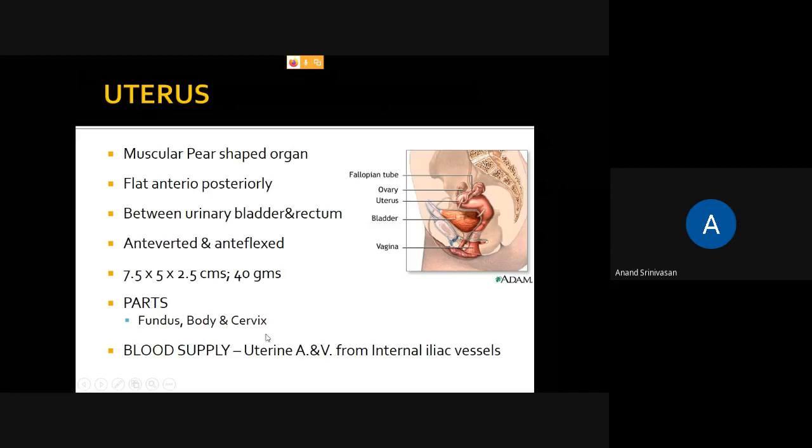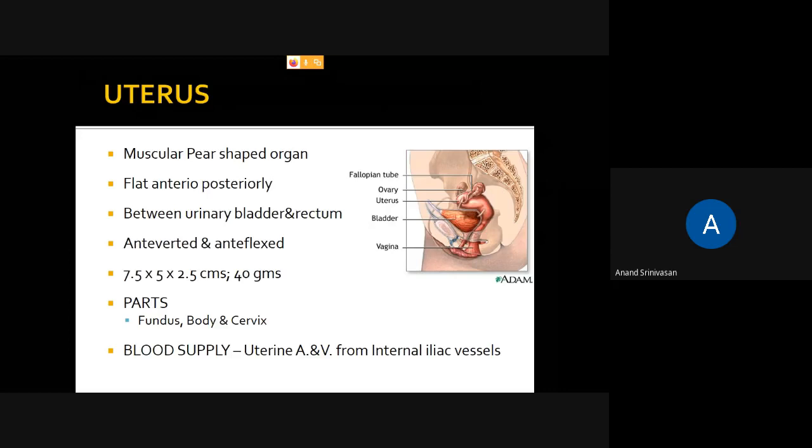The blood supply is by the uterine artery and uterine veins, which arise from the internal iliac vessels. Internal iliac, you must have already known. The internal iliac artery is a branch from the common iliac artery. The common iliac artery is a branch from the abdominal aorta.